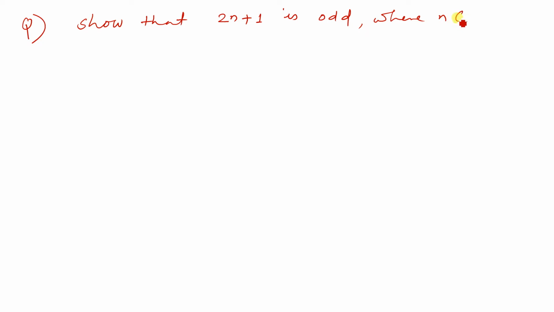Okay, come to one question, directly come to one question. Show that 2n plus 1 is odd, where n belongs to natural numbers, using mathematical induction.